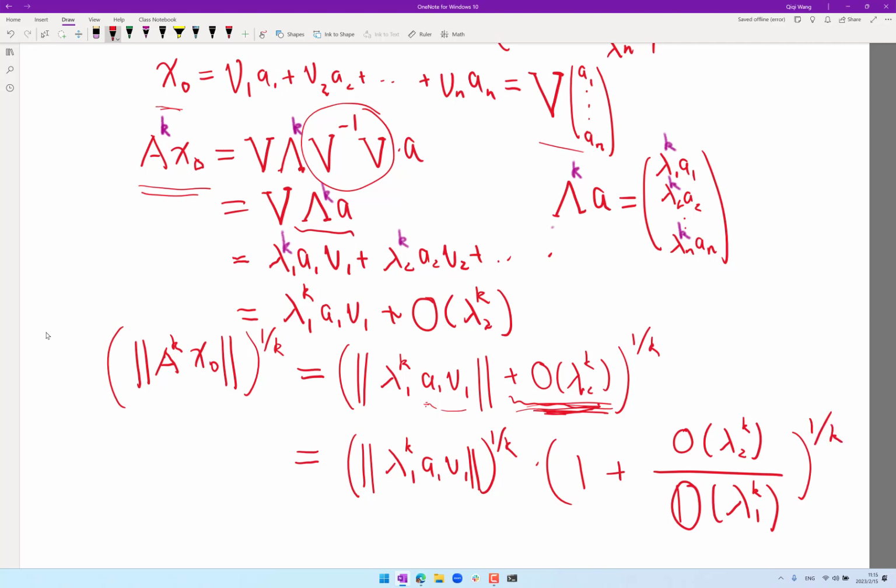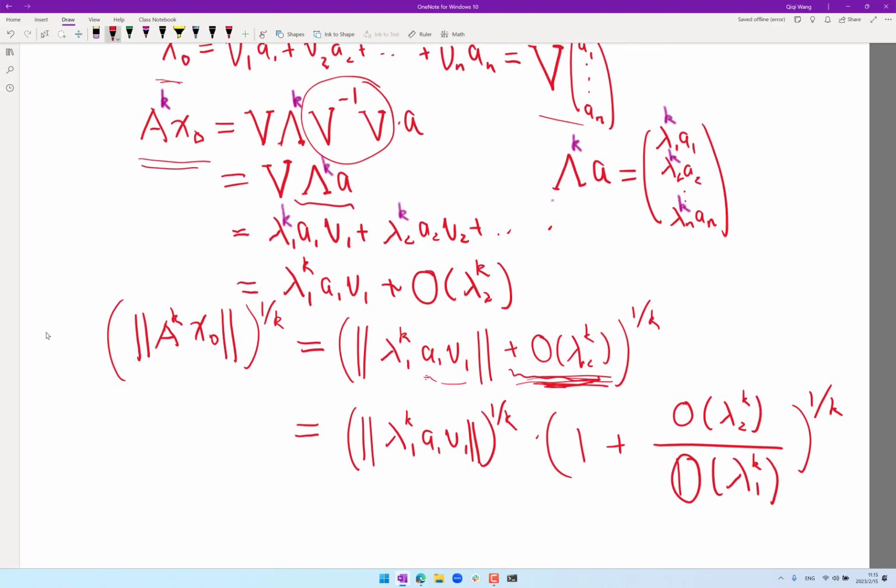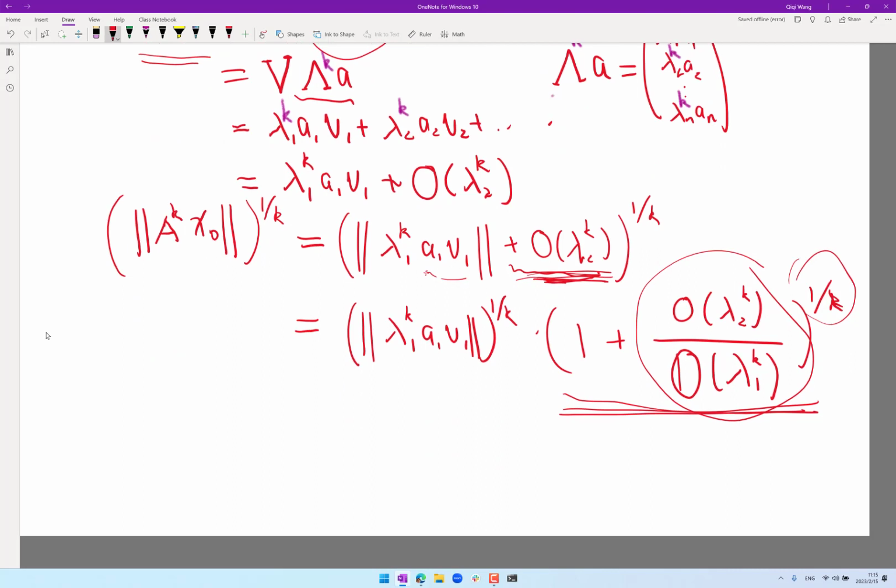And as we can see, the amount of error introduced by this, of course, as k goes to infinity, the power goes smaller and smaller, and this term also goes smaller and smaller.